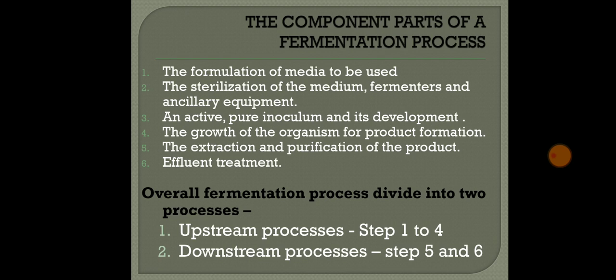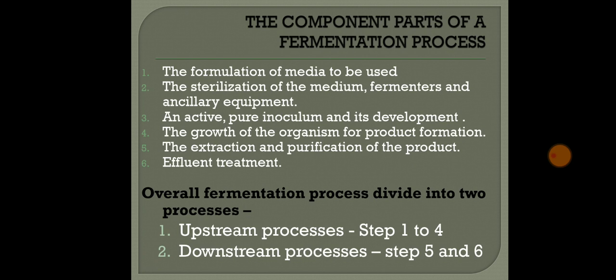Third step is preparing the active pure inoculum and developing the inoculum in a stepwise manner. In the fourth step, actual product formation is carried out by growing the microorganism. In the fifth step, you are carrying out the extraction and purification of the product, and the last one is treating whatever waste products, that is effluents, are formed.